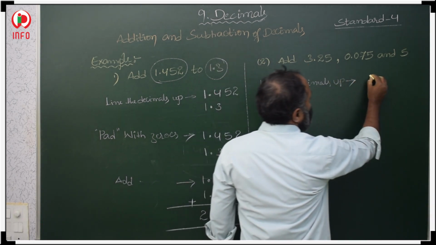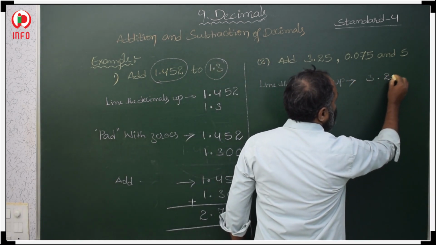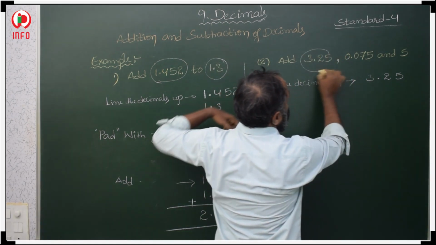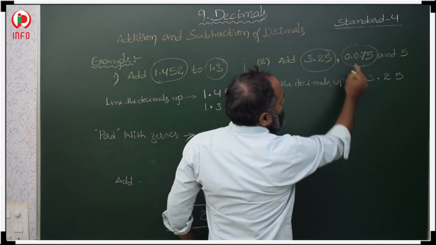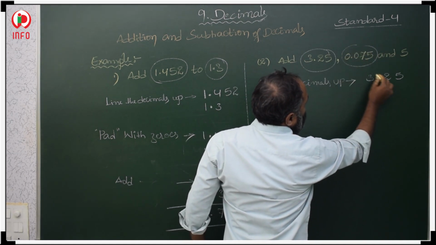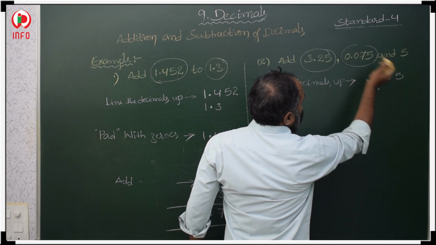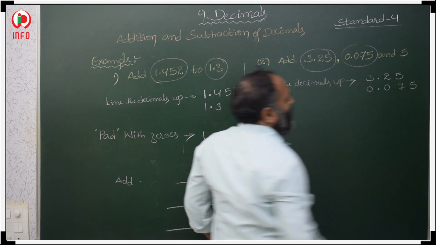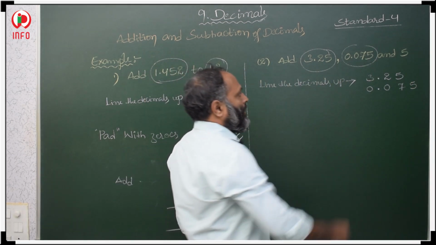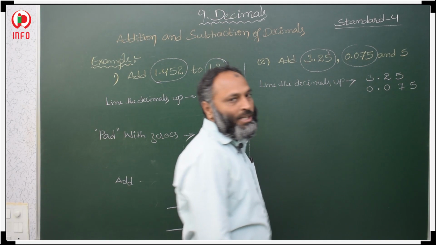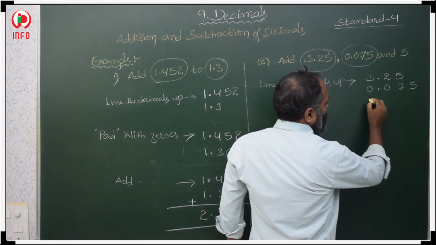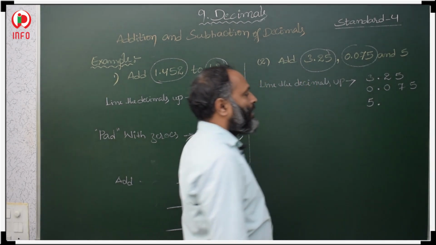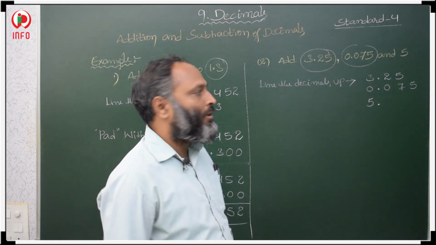First 3.25, then the second one: write the decimal point, with 0 before it, then 0.75. Then 5: in 5 there is no decimal, meaning 5 is in the ones place, so after it we have to write the point.